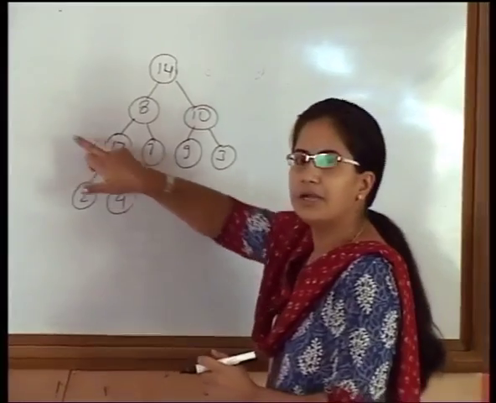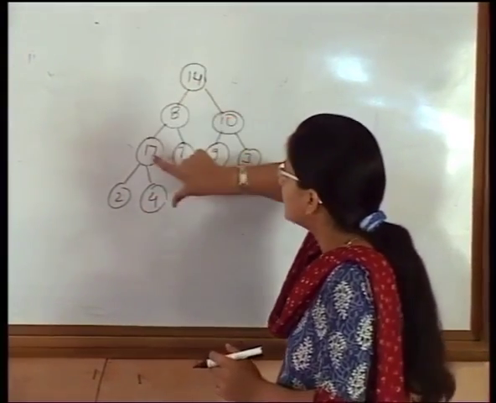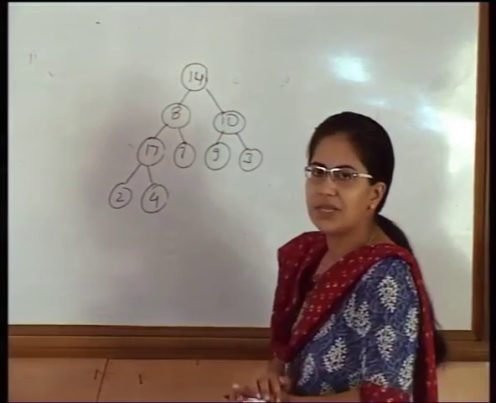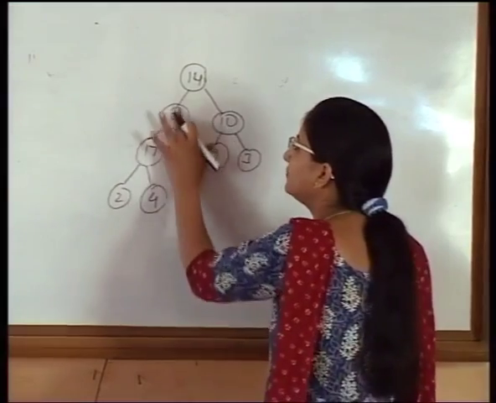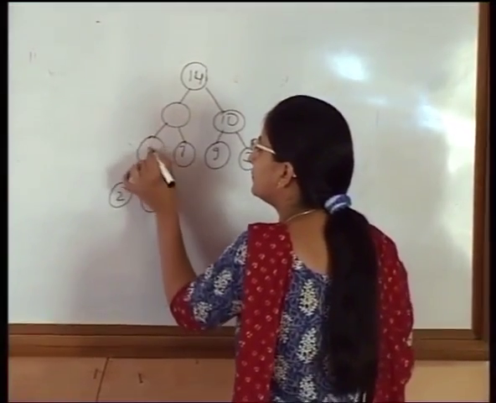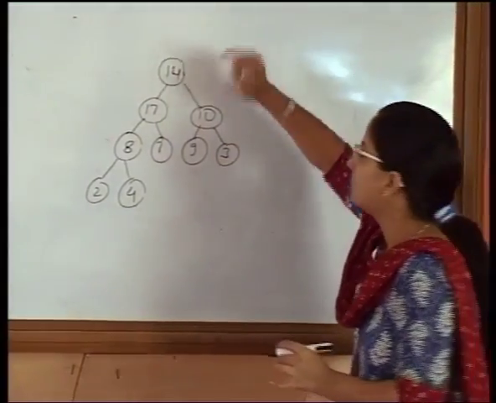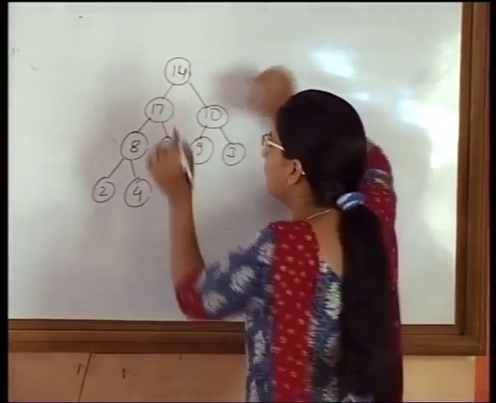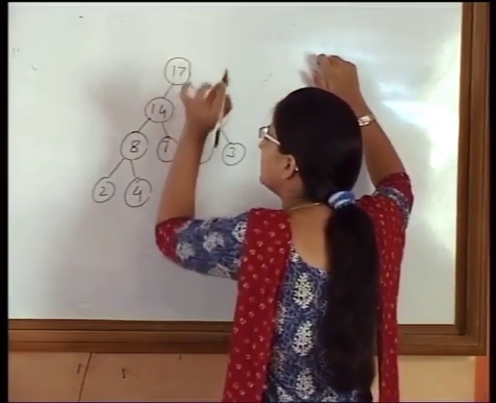Again, it will be propagated from one level to another level. 17 again will be compared with its parent node. Again it is smaller, so heapify will be called. Finally, up to the root we have to proceed. Again 14 is smaller, 14 is supposed to come here and 17 is taking the root value.